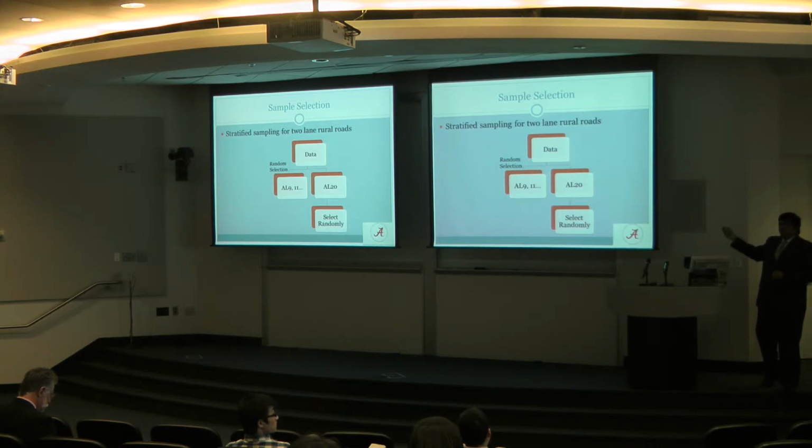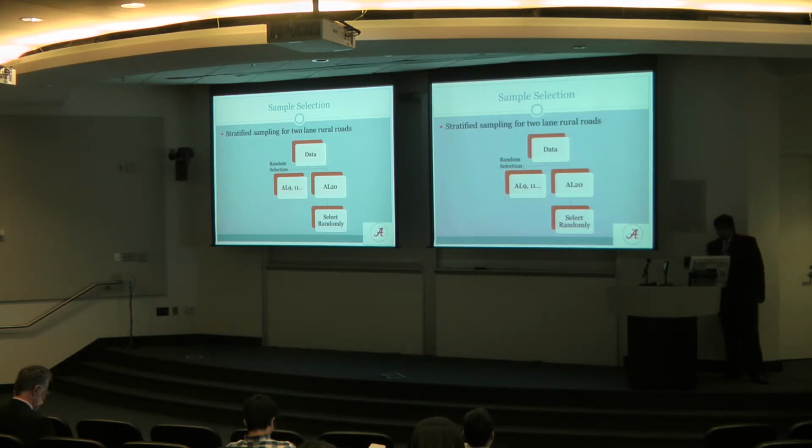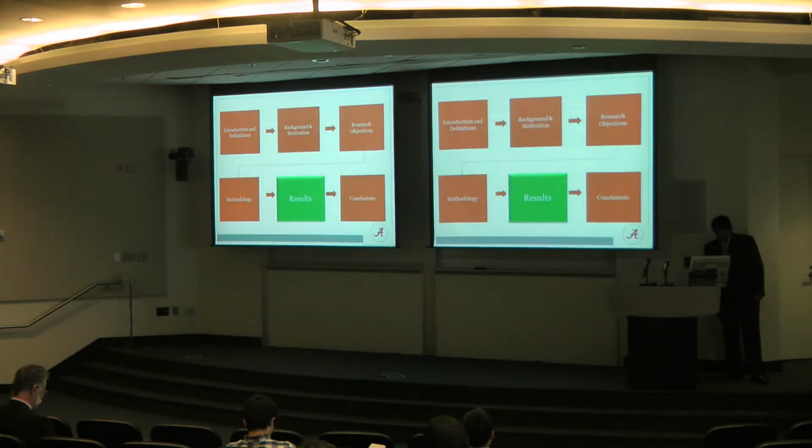In that case, we went back to the main data and selected a small sample from just this one road. We first shortlisted all the roads which were not in the previous sample, and then we selected a small sample from the ones which were remaining.